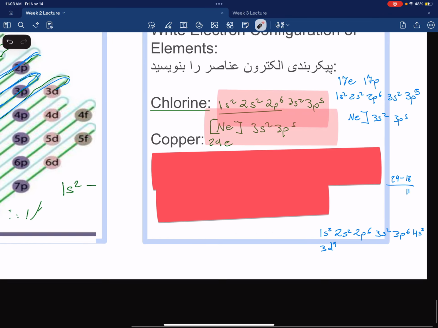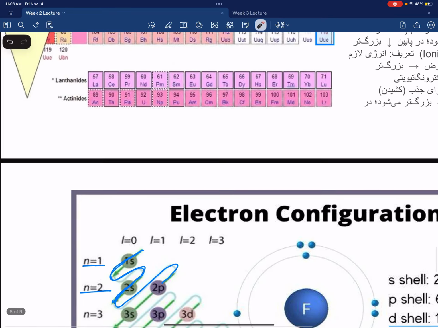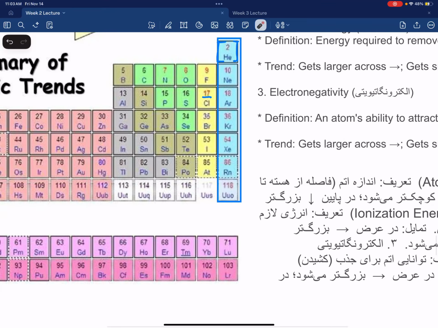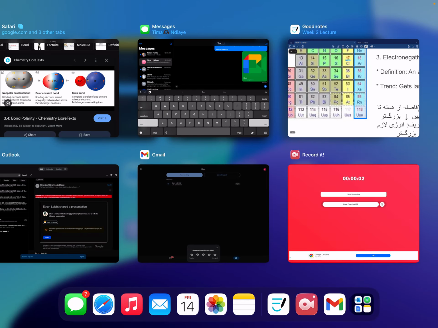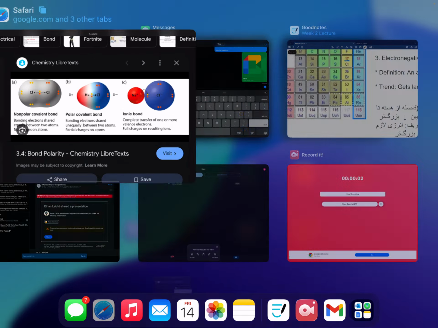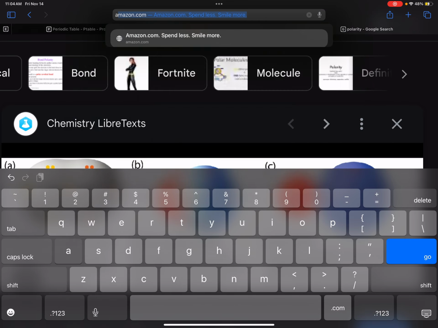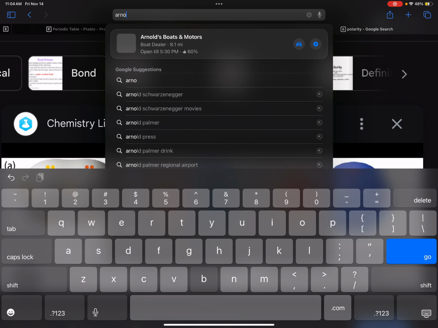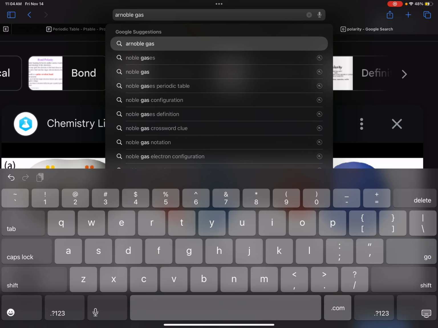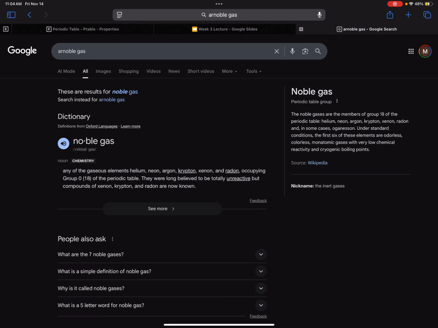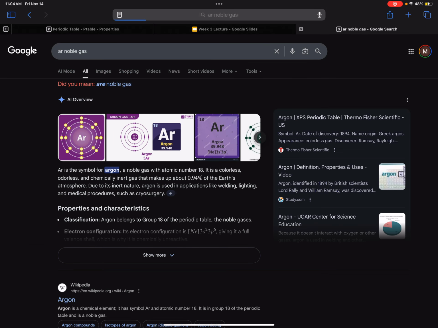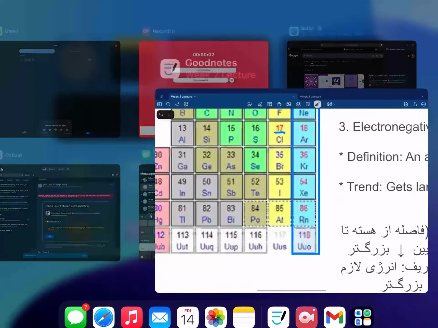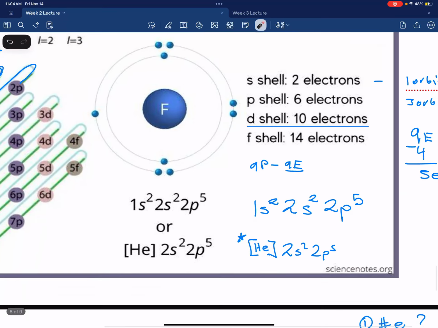And the answer is yeah. So the noble gas for 18 is going to be argon. Let me just make sure. Yep, argon.